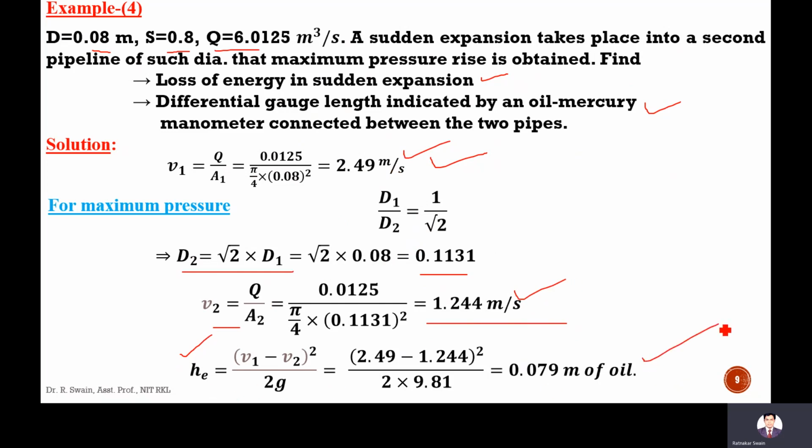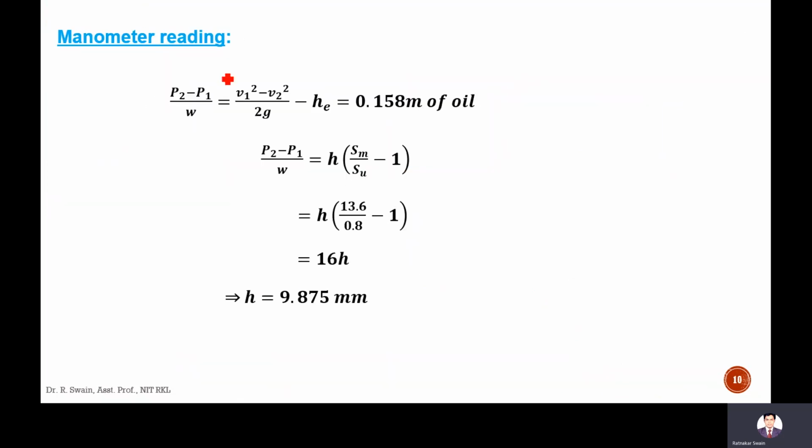That will be, since here oil is taken, 0.079 meter of the oil. So the manometer reading, you can calculate, P2 minus P1 by W is (V1 square minus V2 square) by 2g minus HE. This is from the energy equation, Bernoulli's equation. From Bernoulli's equation, P1 by W plus V1 square by 2g is equal to P2 by W plus V2 square by 2g plus HE.